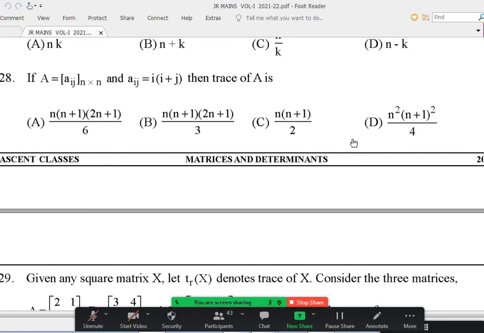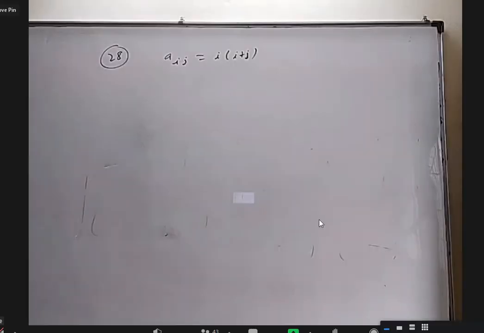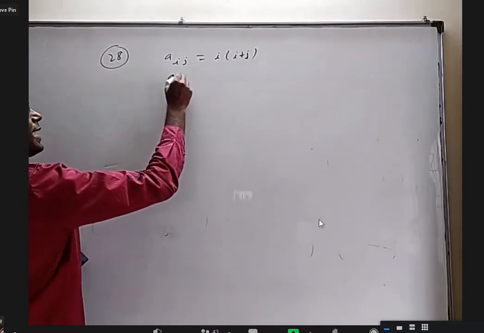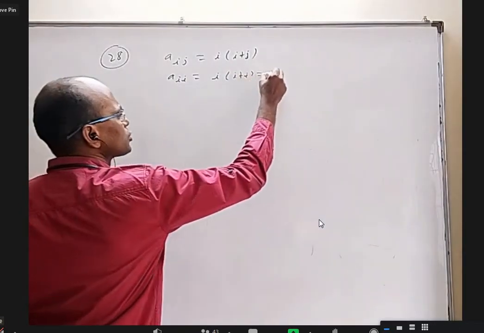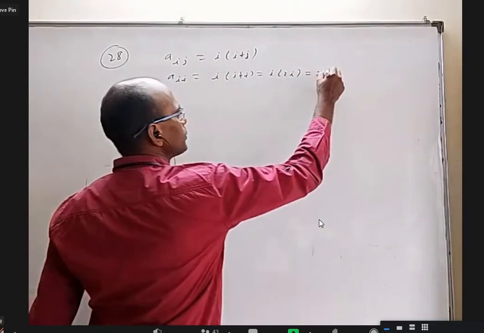Okay, 28, a_ij, they gave it as i into (i plus j). But based on this, a_ii, the diagonal element, I can write i into (i plus i), which is i into 2i, which will be 2i square.